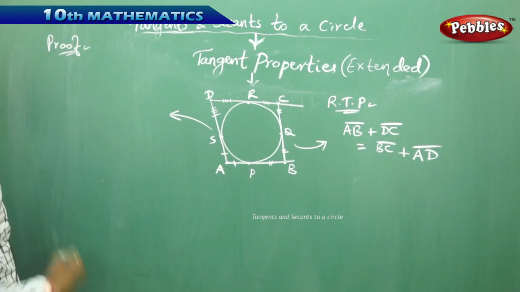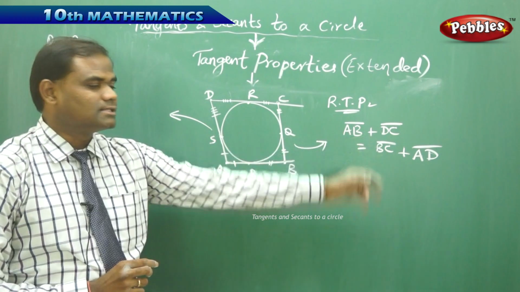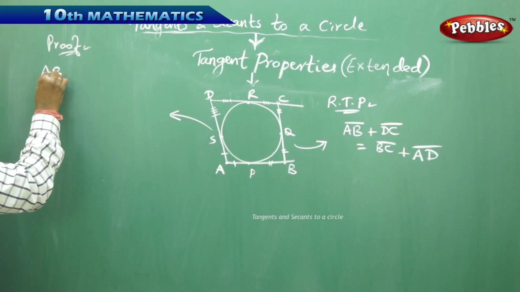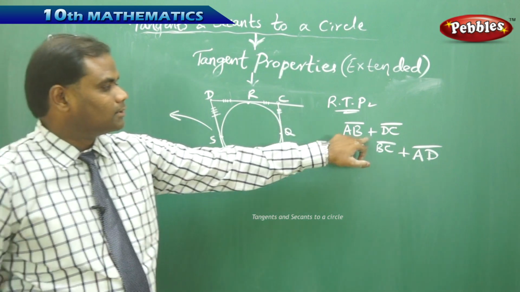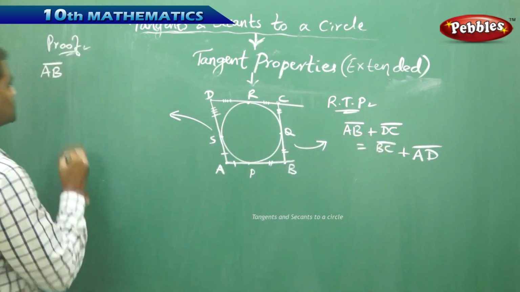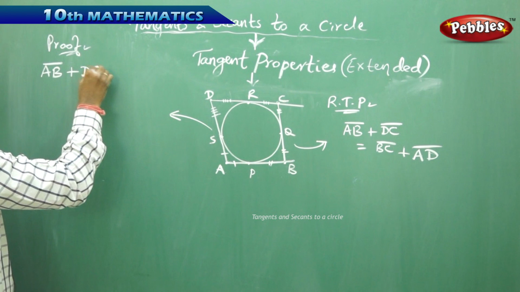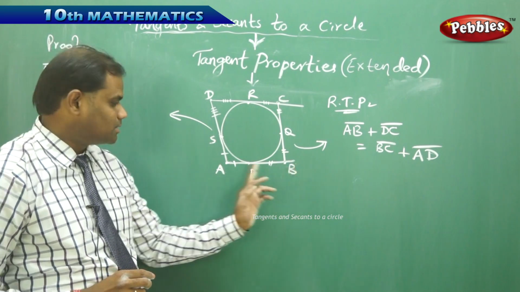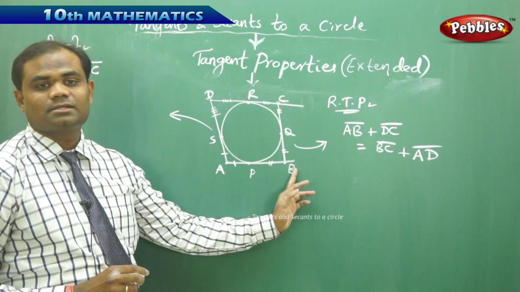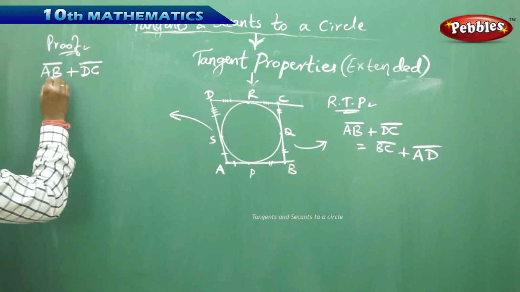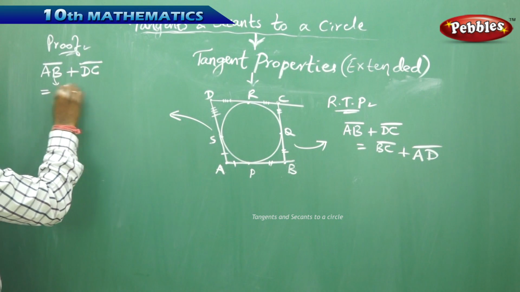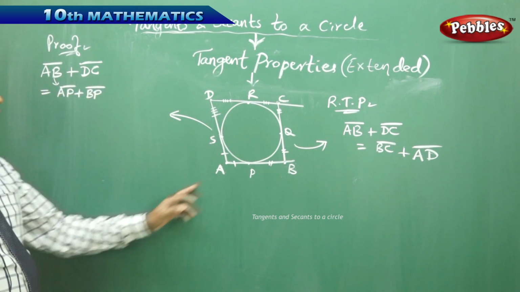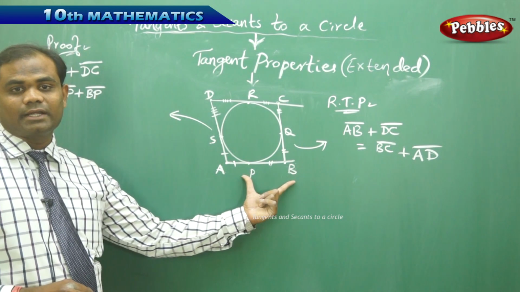So considering the proof, let me take AB plus DC on the left hand side and prove the right hand side from the LHS. So the LHS is AB plus DC, and clearly I can split AB as AP plus PB. When I add them together, I get AB, as can be seen from the side AB.